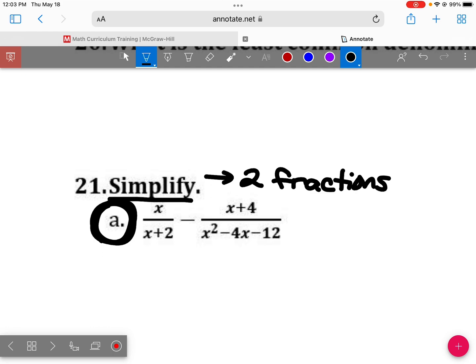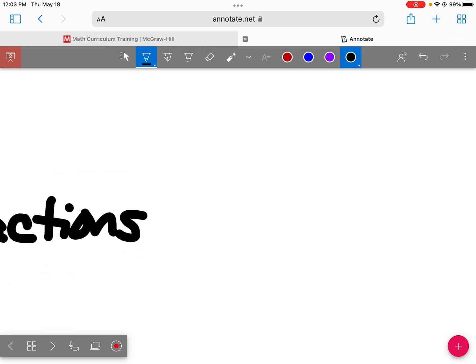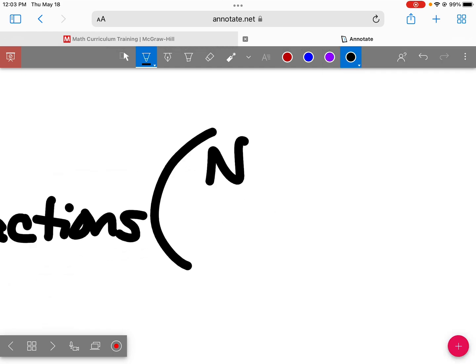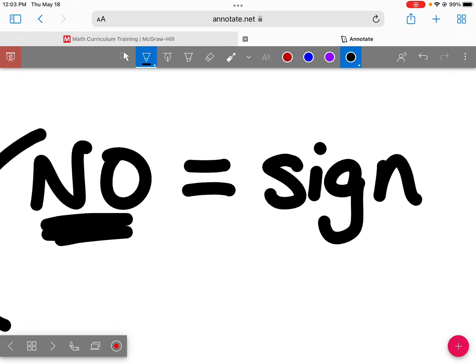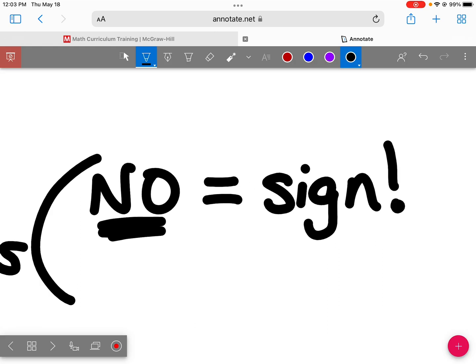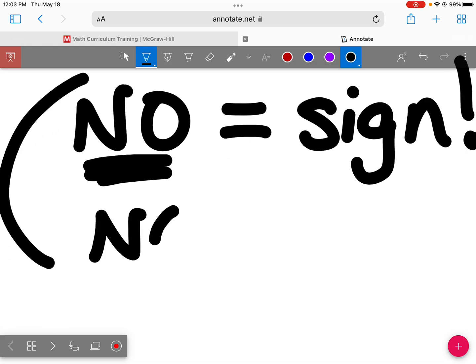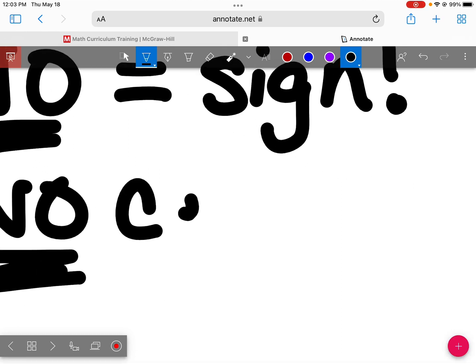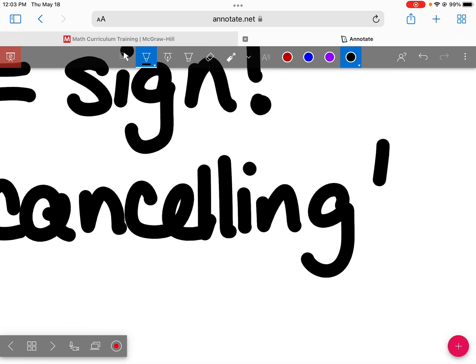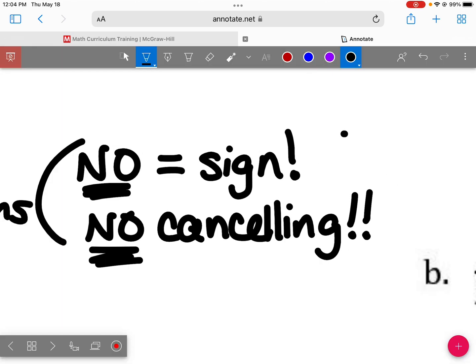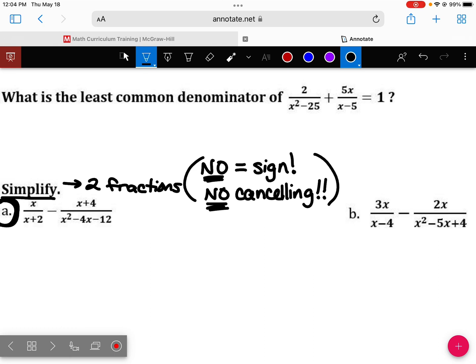There's something that I notice about this problem. There is no equal sign. When there is no equal sign, that means you will not be able to cancel things. No equal sign means no canceling.